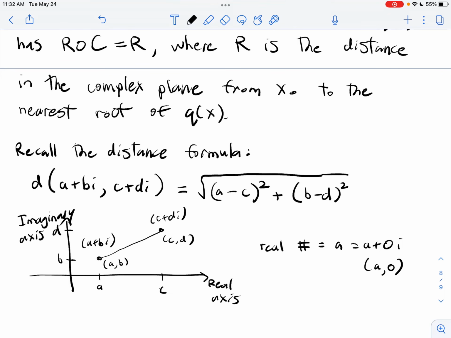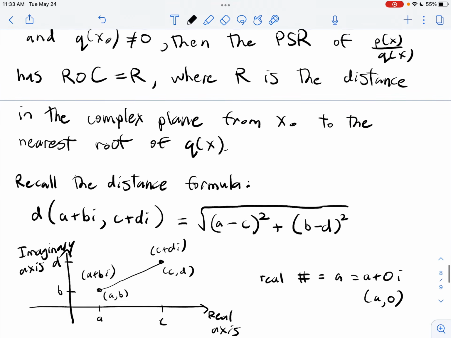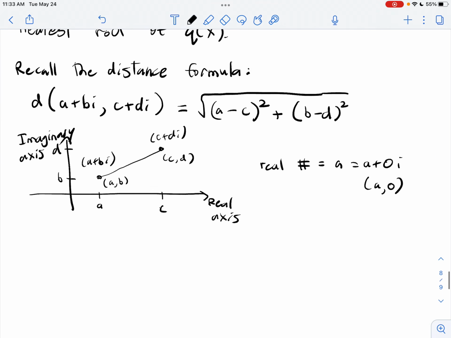So keep that in mind when you're finding distances. Okay, remember, real numbers always have imaginary part equal to 0. So I want us to do a couple of examples here using the previous theorem, okay?